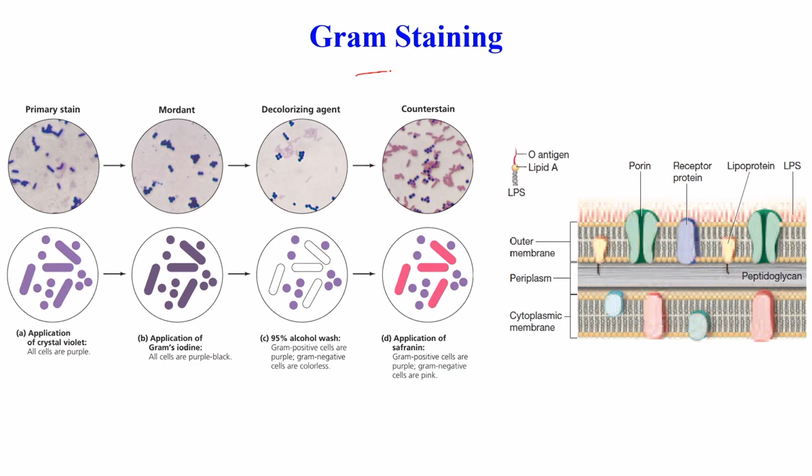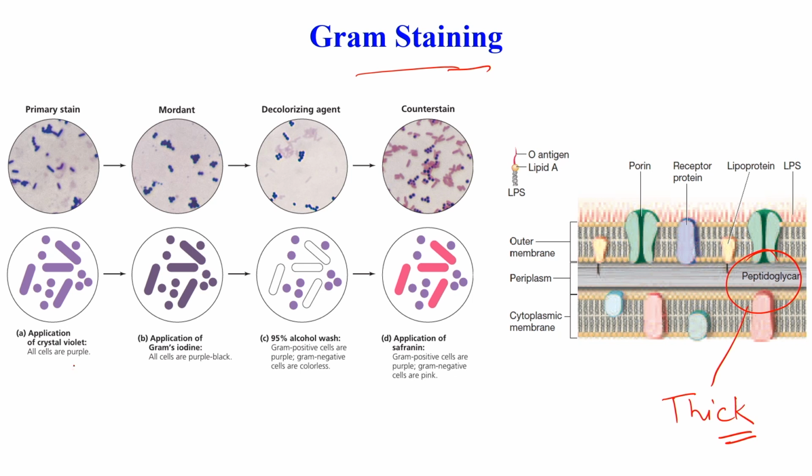Further, in the case of bacteria, one can go for the gram staining, whether it is a gram positive or gram negative. So, gram positive have a thick layer of peptidoglycan as compared to gram negative bacteria.